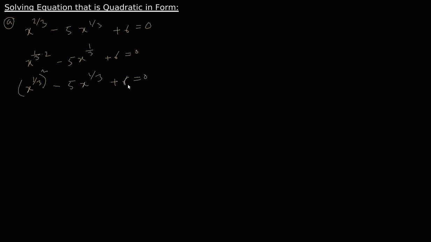Okay, now let's do some type of substitution. Let's assume that u equals x to the power 1/3. So what I get is u squared minus 5x to the power 1/3, which is u, so 5u, plus 6 equals 0.